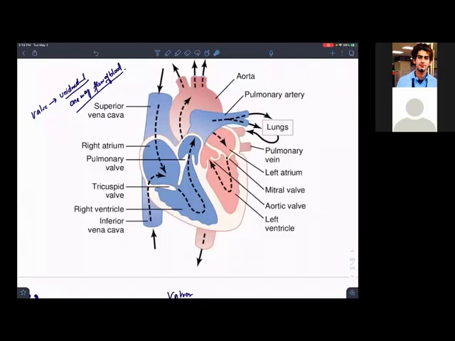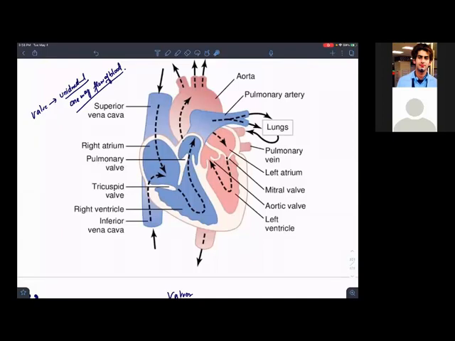Now, if I take the AV valves, what is the AV valve doing? The AV valve is not allowing things to come back into the atria. That means they prevent the blood from flowing back into the atria. At what time?